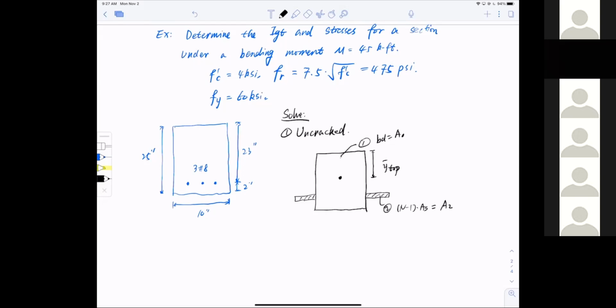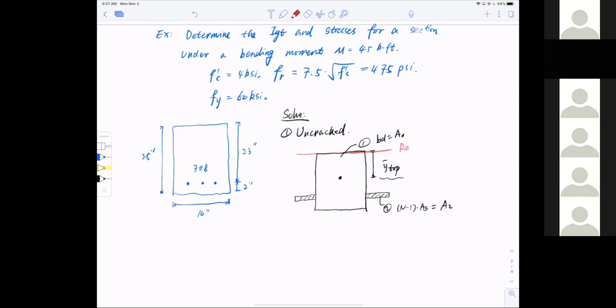Next step is to find the moment of inertia. Before I find it, I need to find y-bar top, the center of the section, which means I have to sum the area multiplied by distance, called the static moment, divided by the total area. So I need a reference line. I call this top line here the reference line.